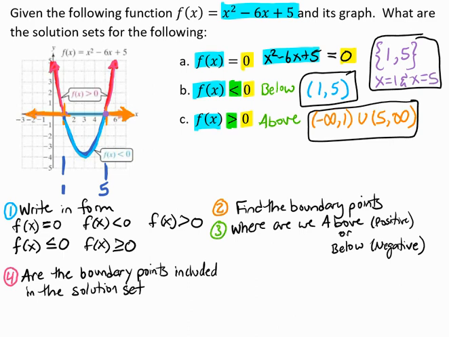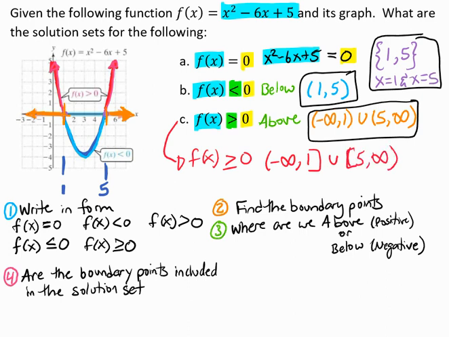If for letter B it said f of x is less than or equal to 0, then my answer would have been 1, 5, but with brackets, because it's included. And if for letter C it had been greater than or equal to, then I would go from negative infinity to 1, which would be included, and then from 5, which would be included, to infinity. So we have to decide whether our boundary points are included or not. It depends on whether it can be equal.